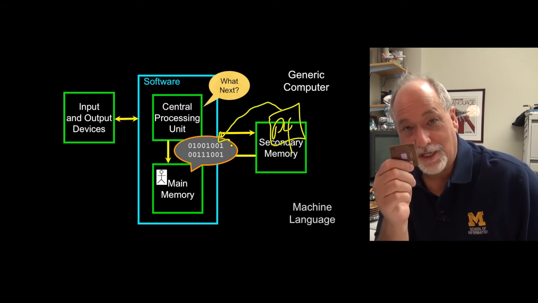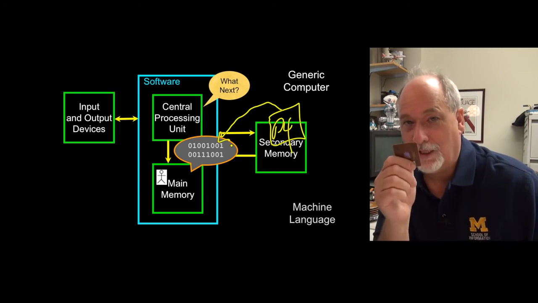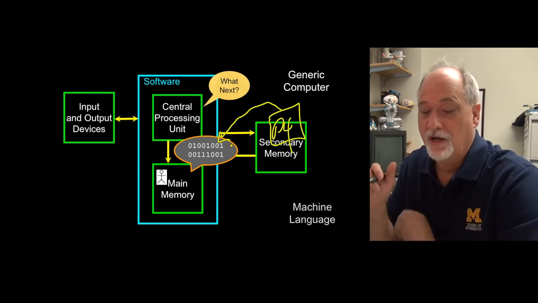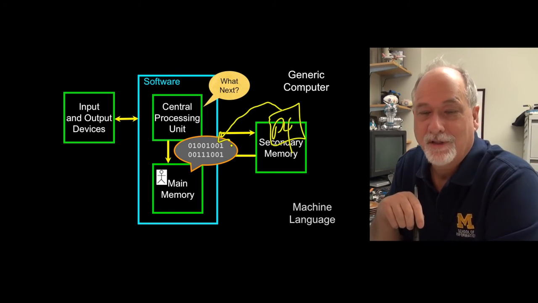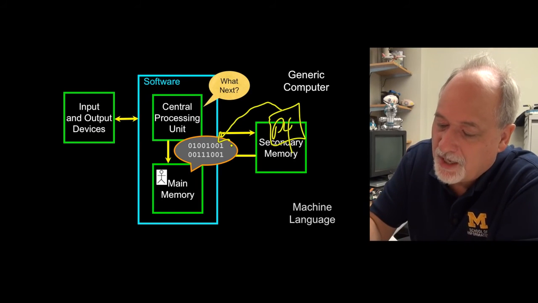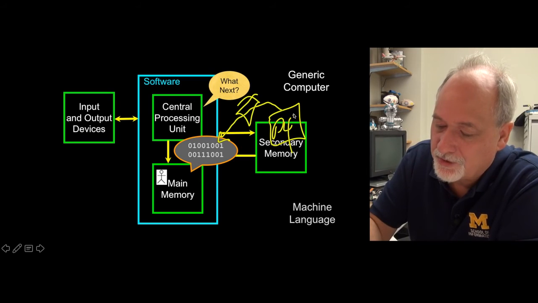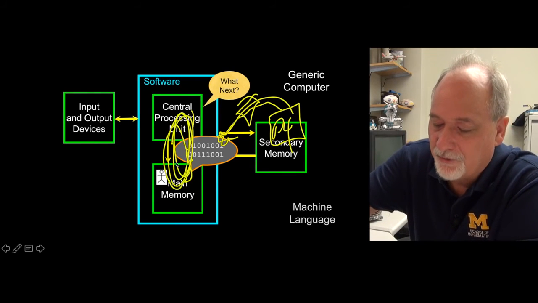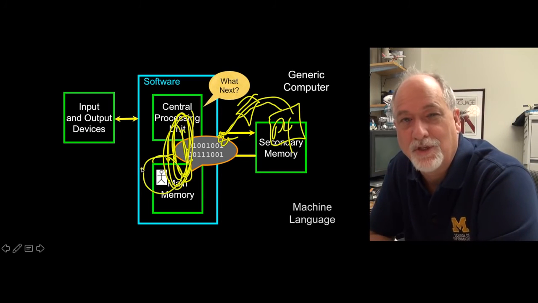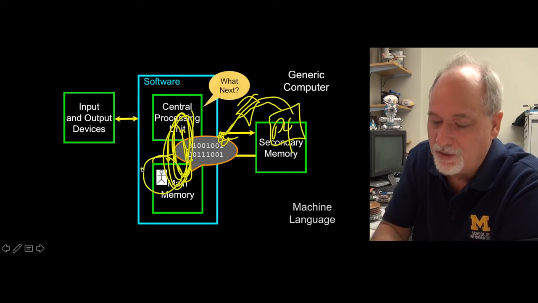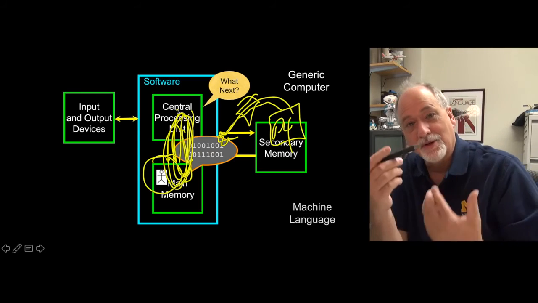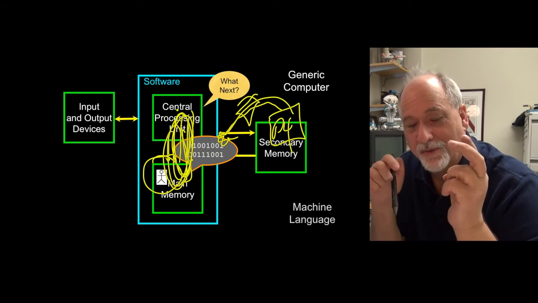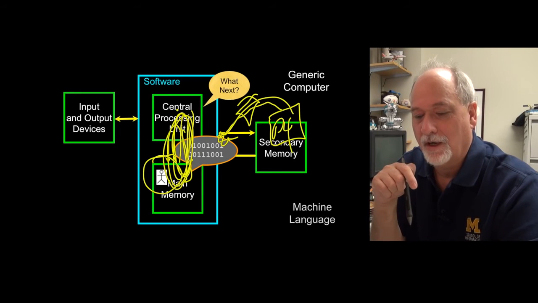You could know how to write machine language, but I assure you, Python is far easier to learn than machine language. So Python acts as a translator, translates what you're doing into machine language, and then the machine language is what's sent back and forth. But still, even though it's translated to machine language, it's you answering those questions, and that's what a program is: you pre-storing your response to the what next question over and over again.